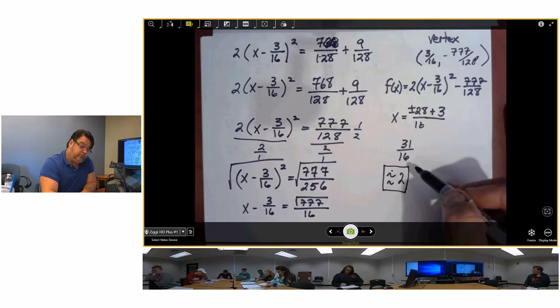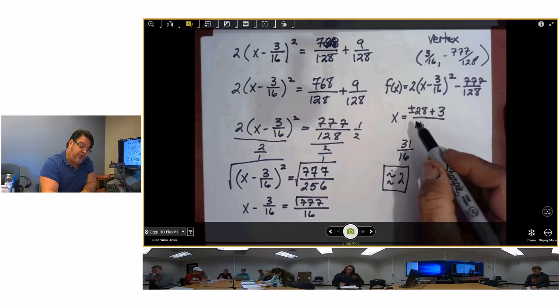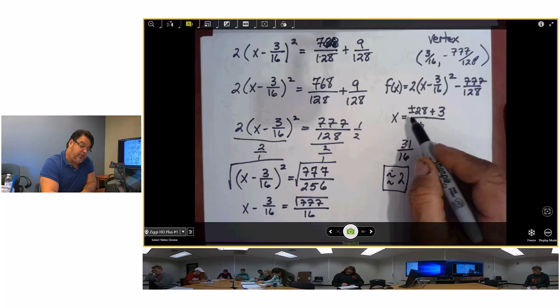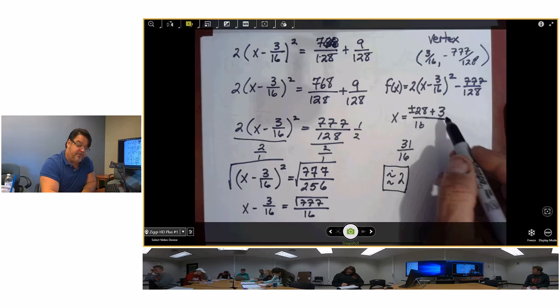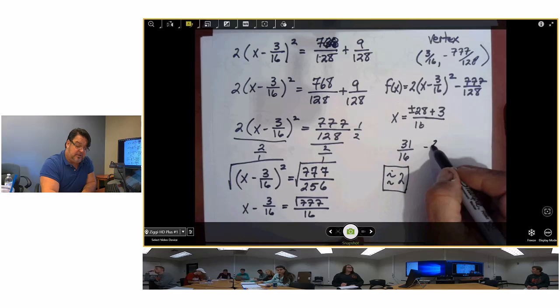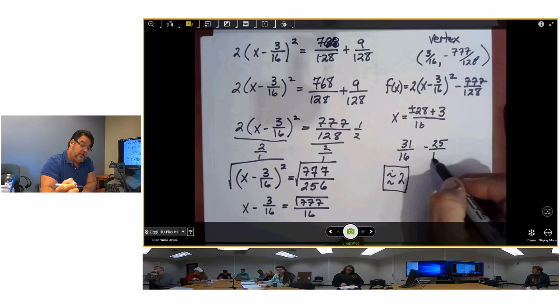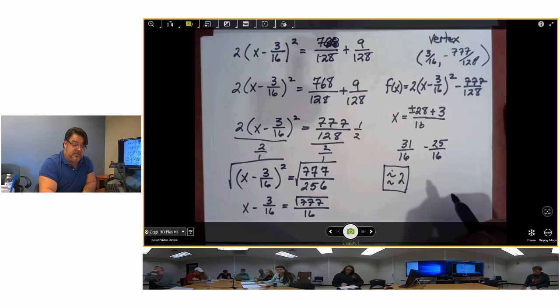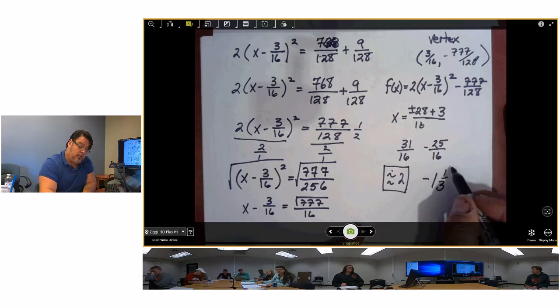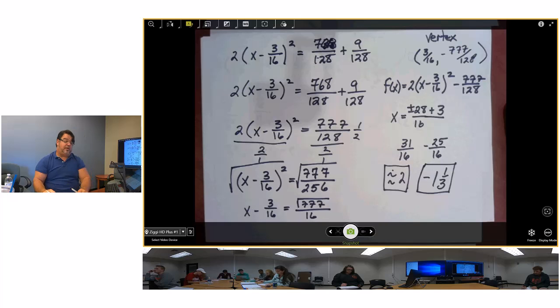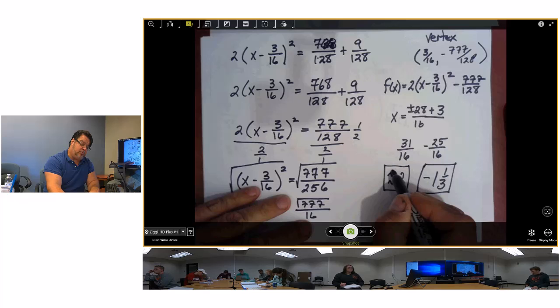And then negative 28 plus 3 is negative 25 over 16, which is negative 1 and 9/16, approximately negative 1 1/2. Let's see what happens when we line all those up. And that's approximate, meaning I'm estimating.